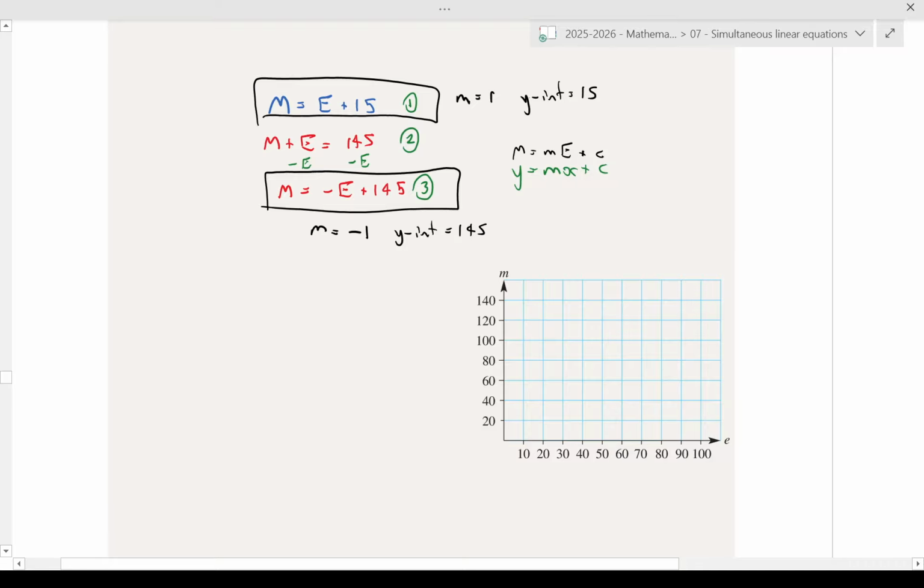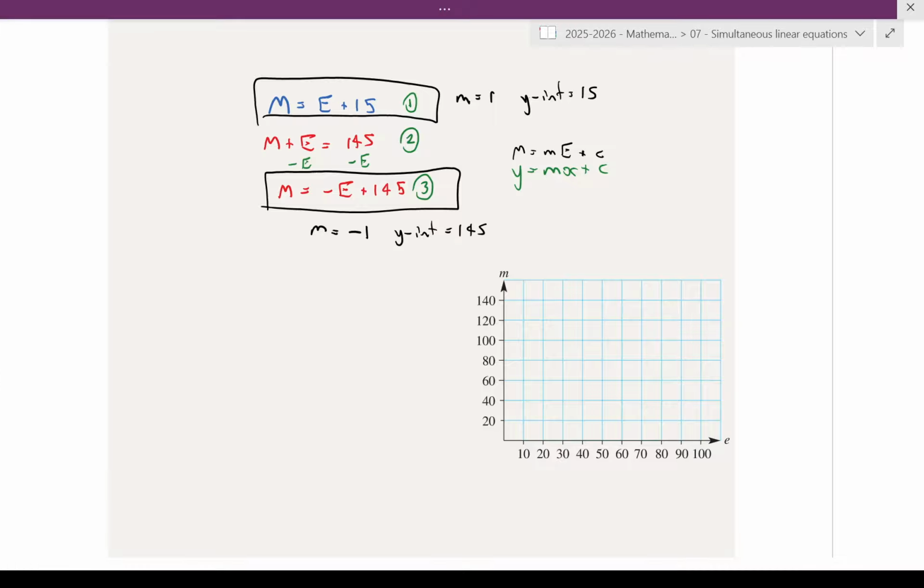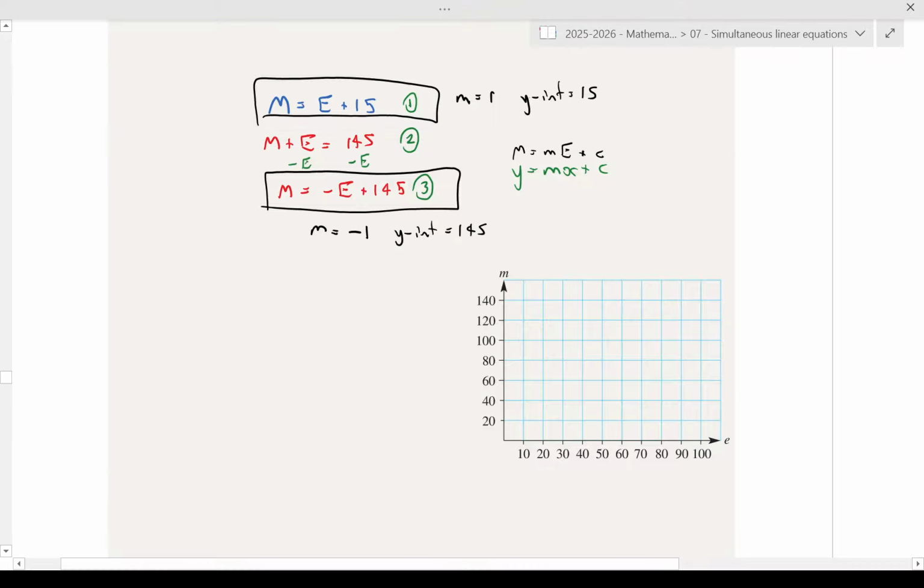All right, so what do I do? Well, my y-intercept for the first one was 15, so I should do it in blue so we can see it. It's going to be about there, and I know it's going up 1 for 1. So I can sub in some values.